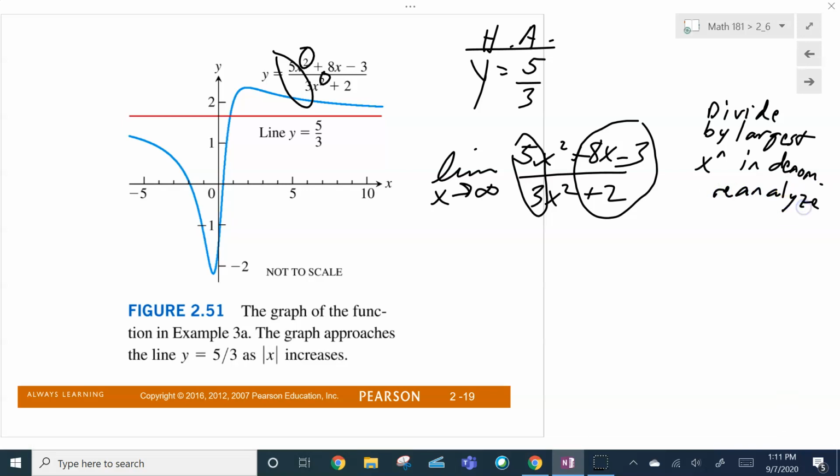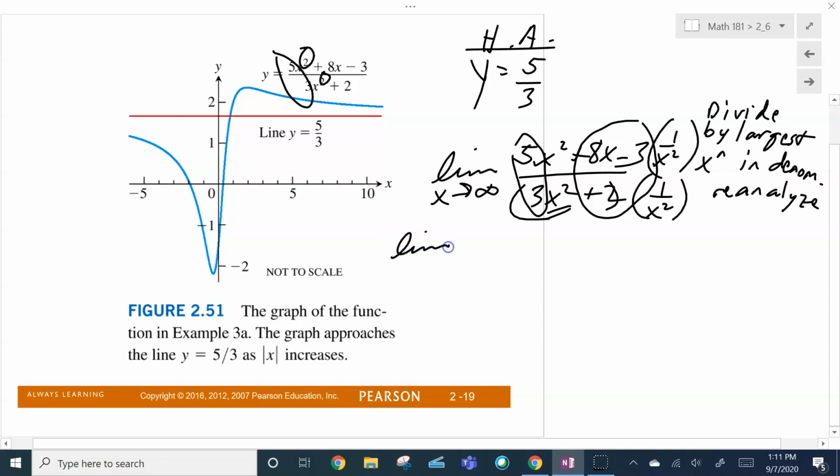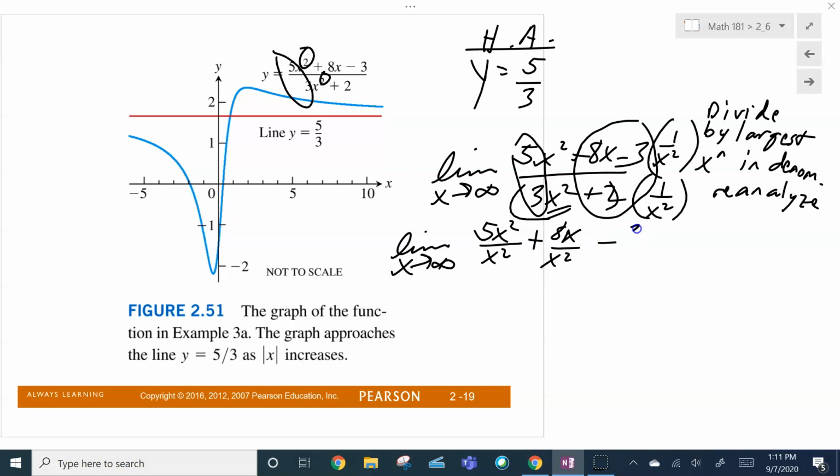So that's the x squared, right? That's the biggest one in the denominator. So what I'm going to do is multiply the entire bottom by 1 over x squared, this entire bottom, and entire top. So each term, let me take each one of these. Each of them is going to be divided by x squared, top and bottom, every term here.